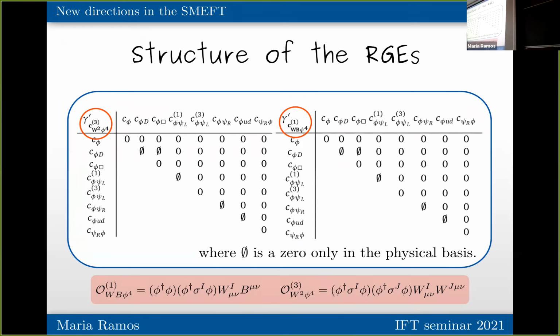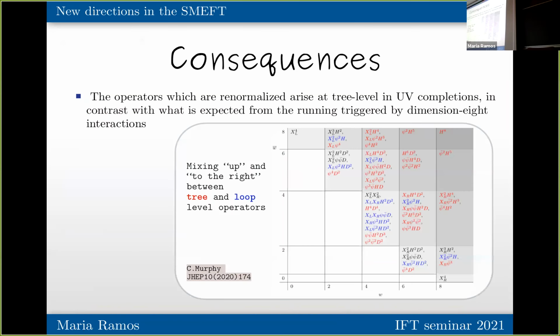Let me now explore some of the consequences of these results. First of all, what we find is that all the dimension 8 operators that we get from considering the insertion of dimension 6 tree-level operators also arise at tree level in UV completions.